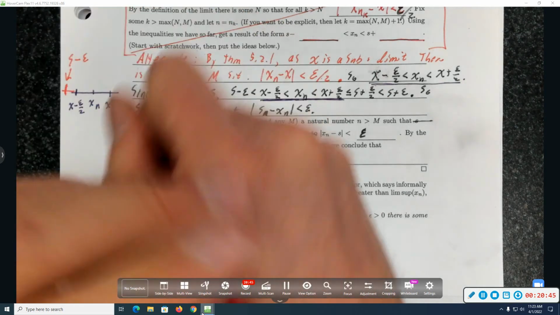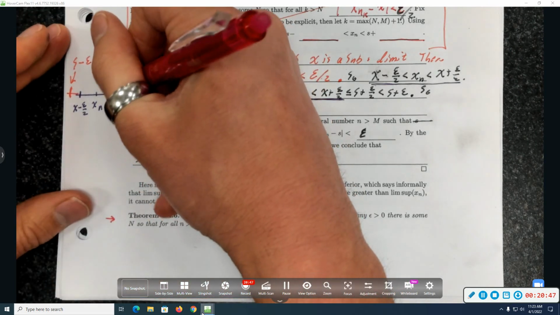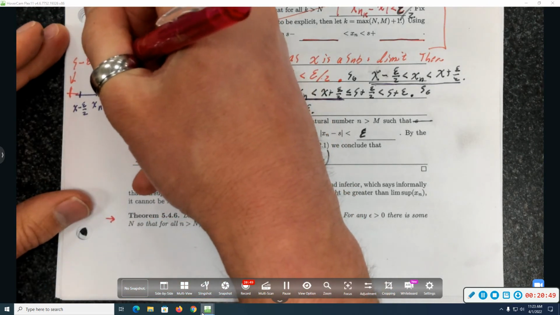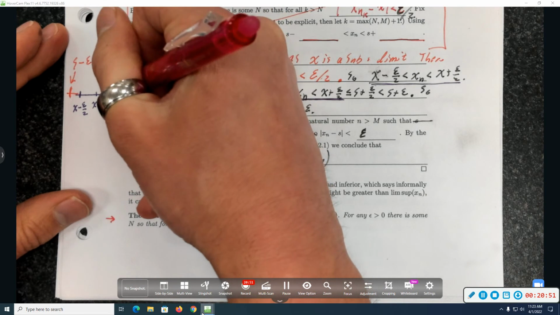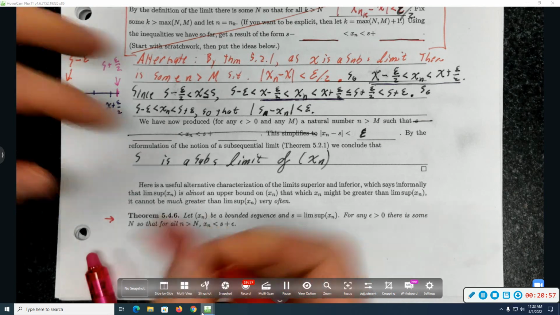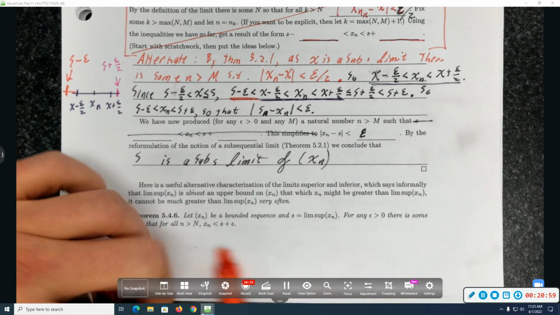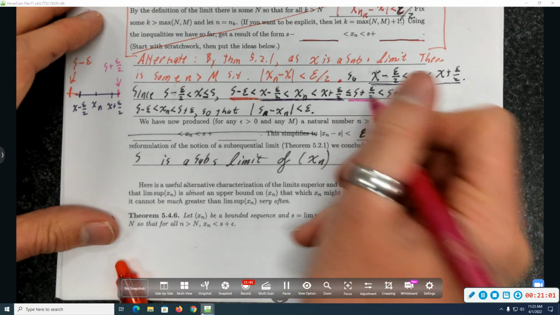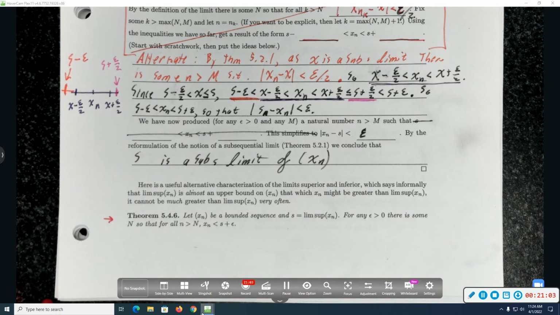So s plus epsilon over 2 must be to the right of x plus epsilon over 2. Maybe more color coding. And instead of adding epsilon over 2, you could add epsilon.